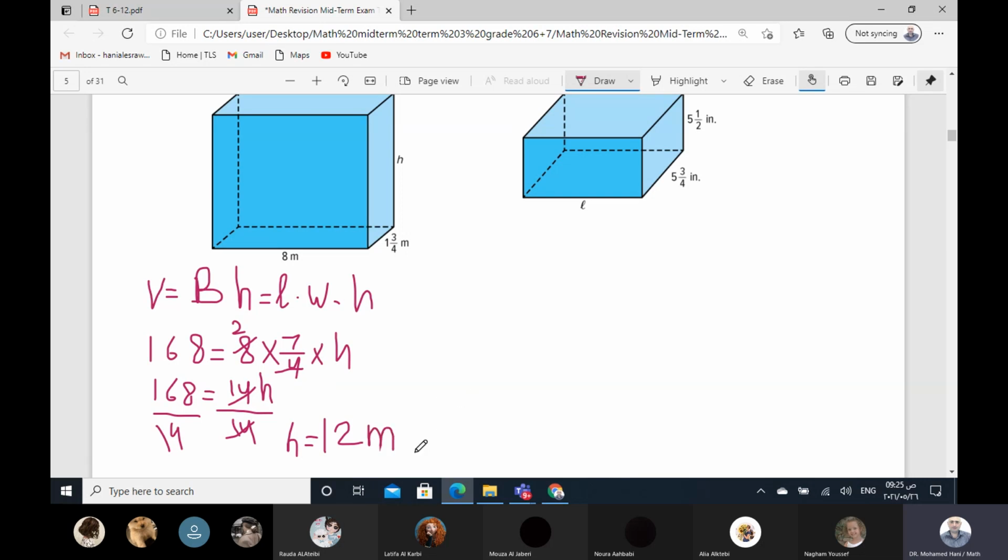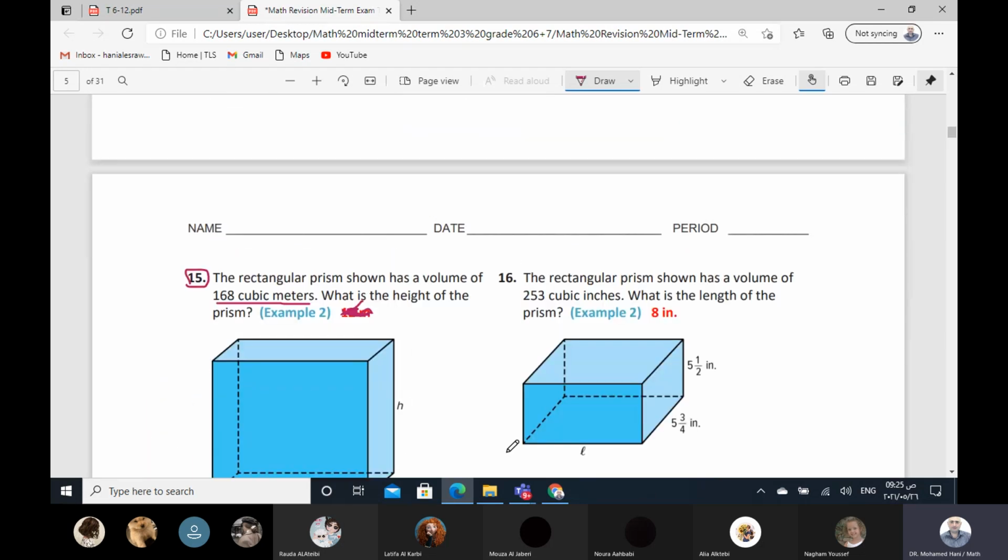Why didn't I put meter squared or meter cubed? Who can tell me? We're finding the height, not the surface area. Because the height is one dimensional, so we use meter. Okay, thank you.